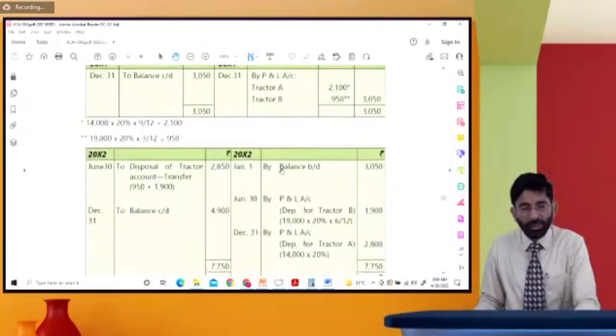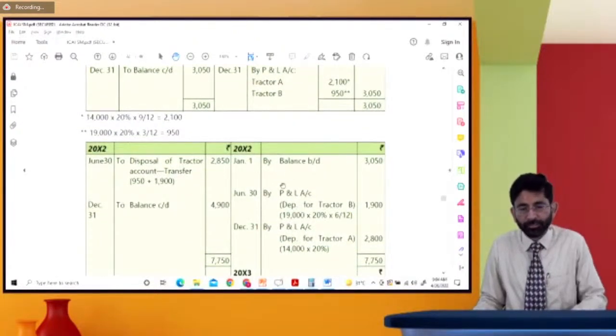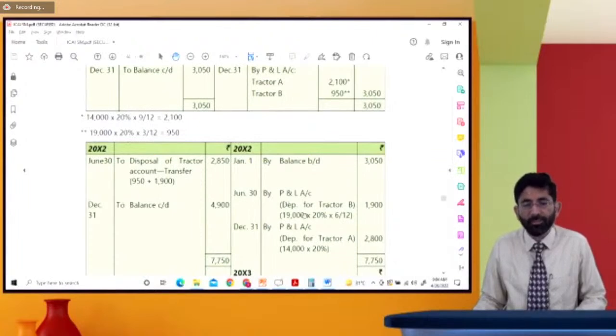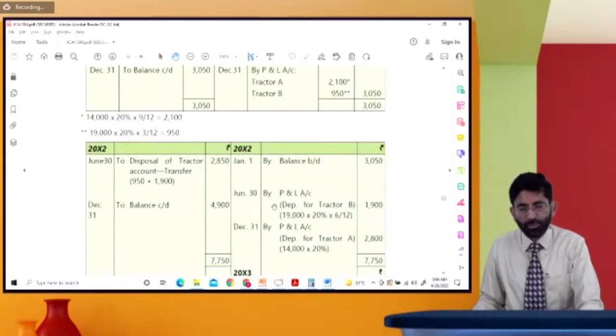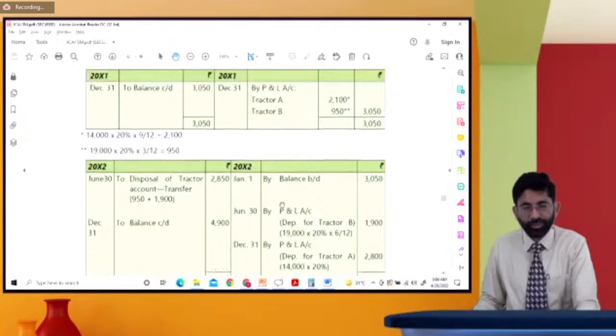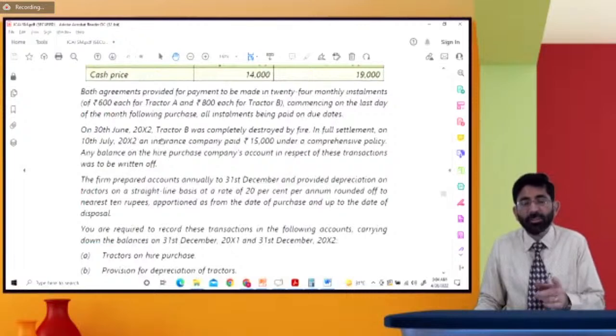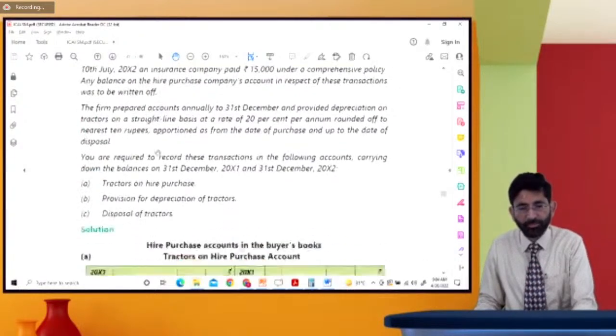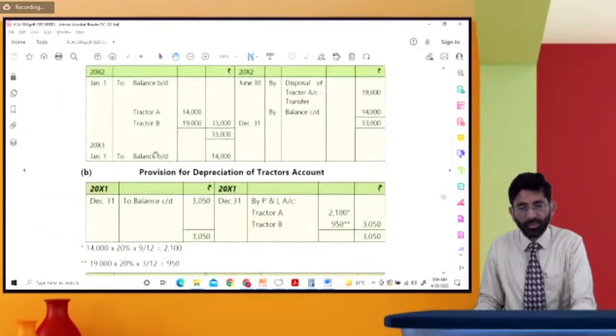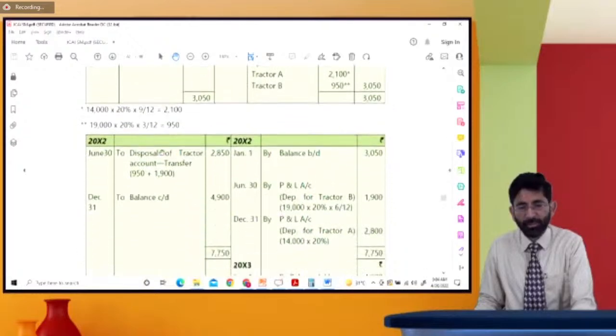And in the next year, how much depreciation is to be charged? The asset is disposed of on which date? Check it out. On 30th of June. So 6 months depreciation is to be charged on it, and 6 months depreciation will be calculated.